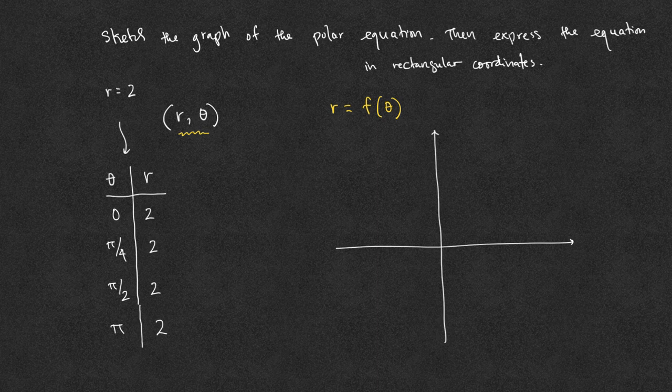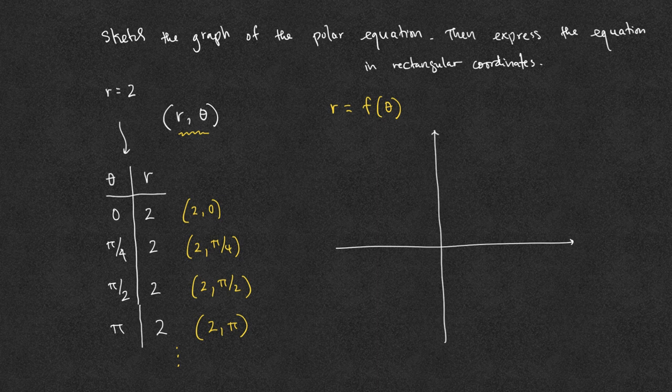So the first point is not 0, 2, but r equals 2, theta equals 0. Similarly, r equals 2, theta equals pi over 4; r equals 2, theta equals pi over 2; r equals 2, theta equals pi, and so on.